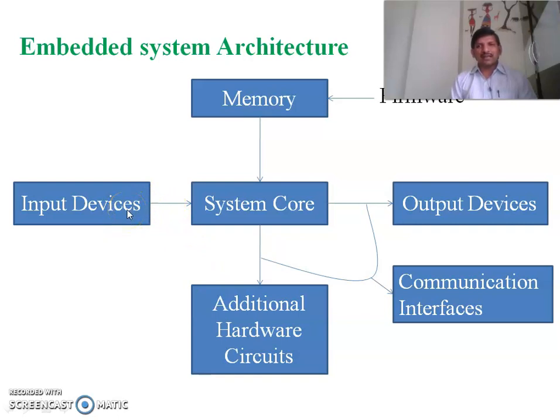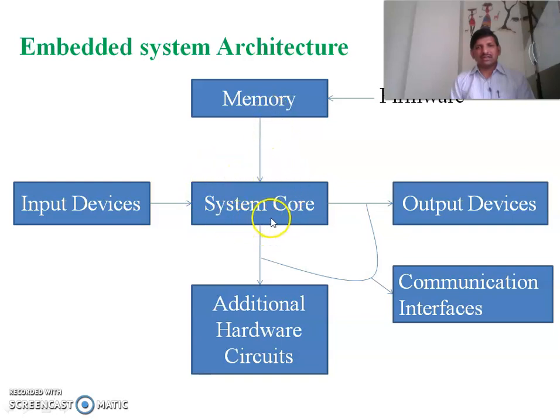A sensor is a transducer which converts analog information into an electronic signal, like a temperature sensor, pressure sensor, or different types of sensors. Next, that is given to the system core, which processes and stores the instructions.